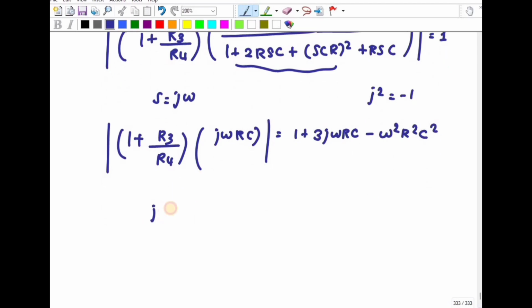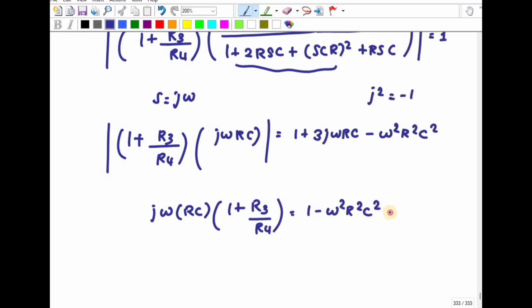So here, this is my 1 plus R3 divided by R4, that is equal to 1 minus omega square R square C square plus 3 J omega RC.